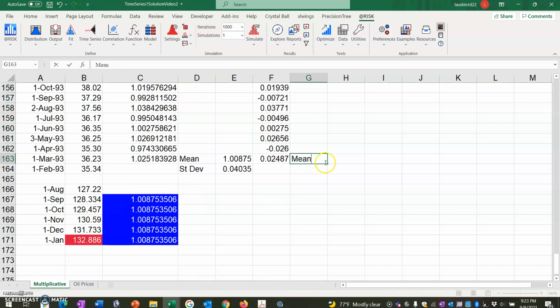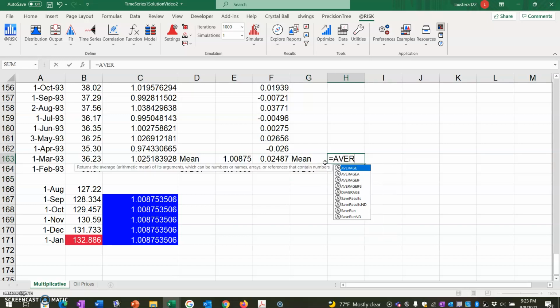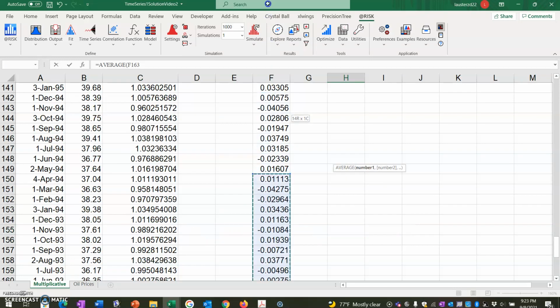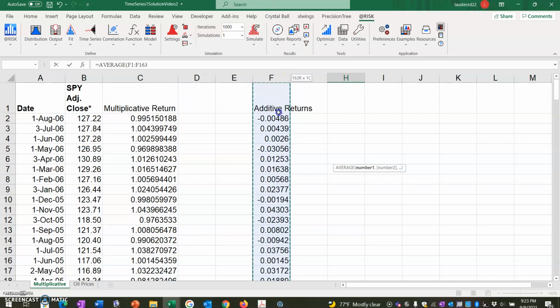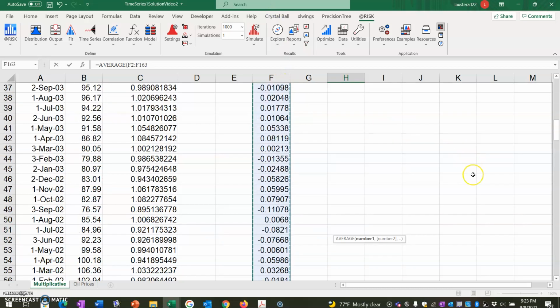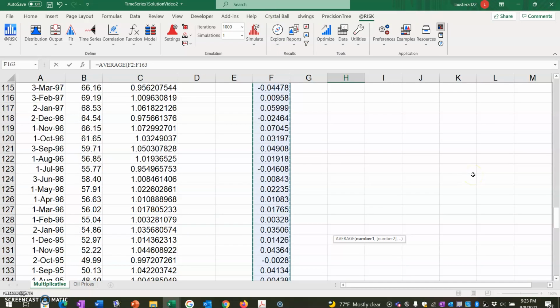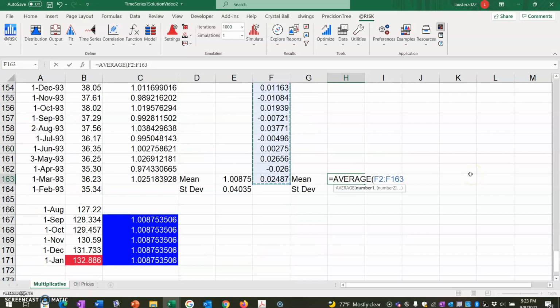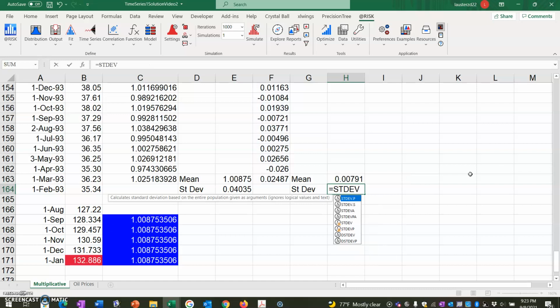We'll calculate the mean and the standard deviation of these additive returns. And the standard deviation, we'll use the STDEV.S function in Excel.